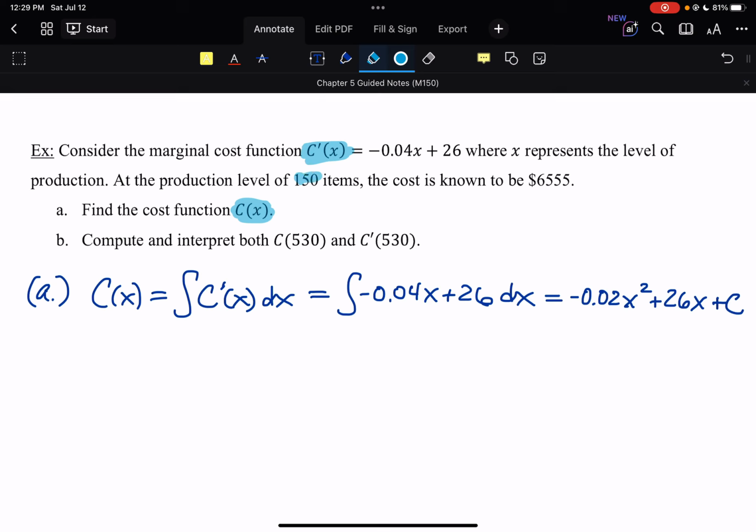We know that when they sell 150 items, the cost is $6,555. So the cost of producing 150 items is $6,555.